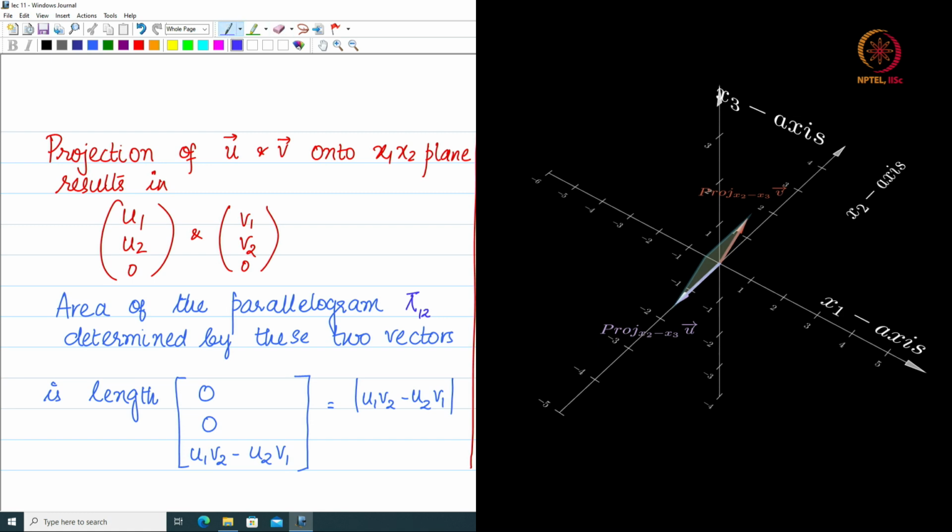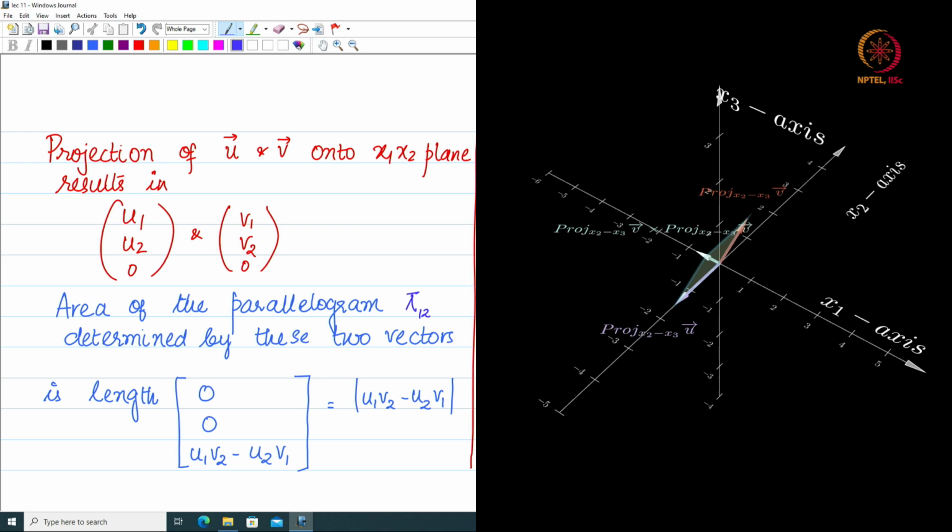Again the cross product comes into the picture, it is the length of the cross product, and the cross product is the vector (u3 v2 minus u2 v3, 0, 0).